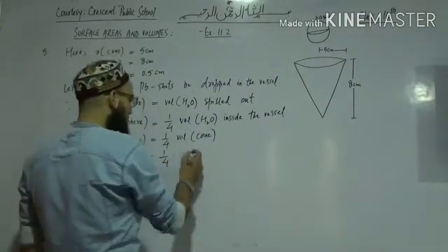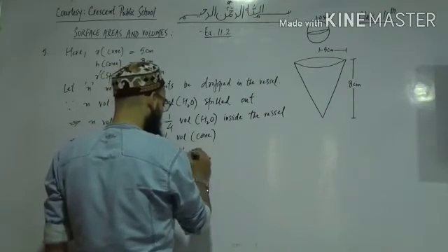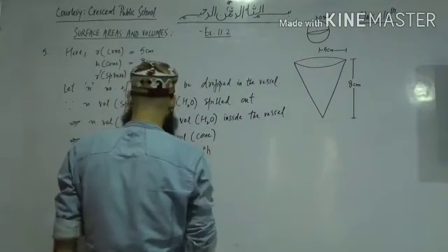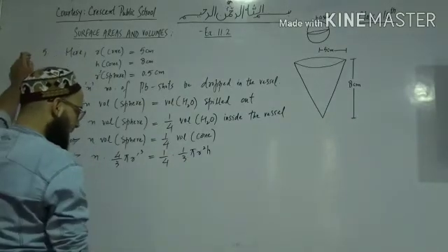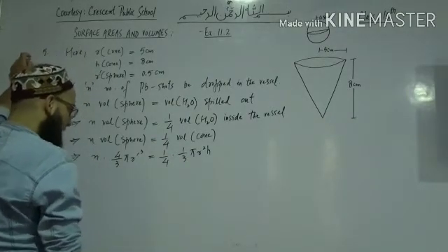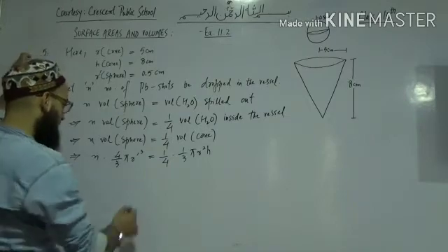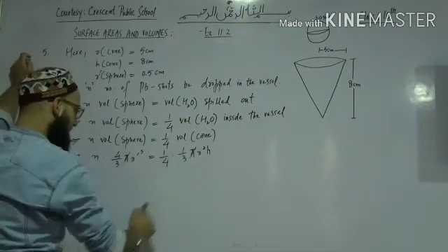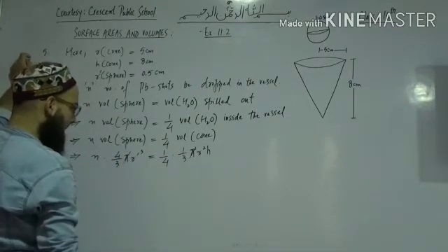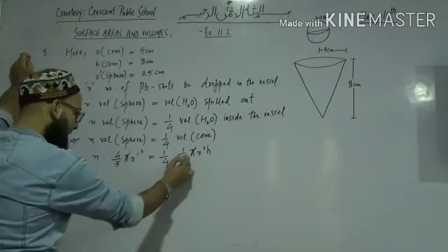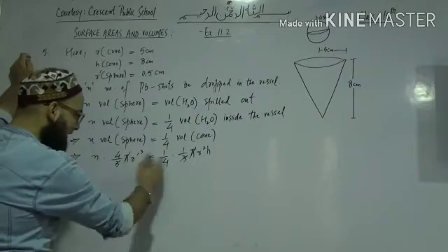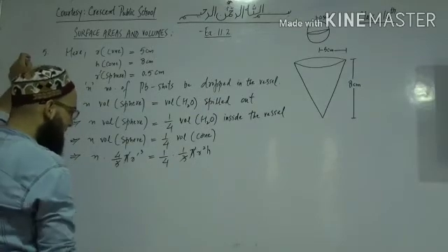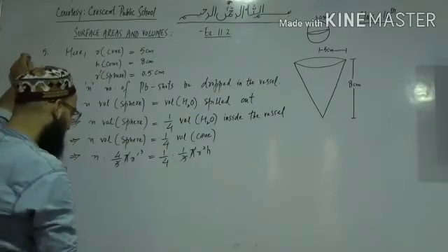now volume of cone is 1/3 pi r square h. Now this r is different. Now what I can do, I can cancel out pi and pi. Dividing by pi throughout, pi gets cancelled. Multiplying by 3 throughout, 3 gets cancelled. Anything else?